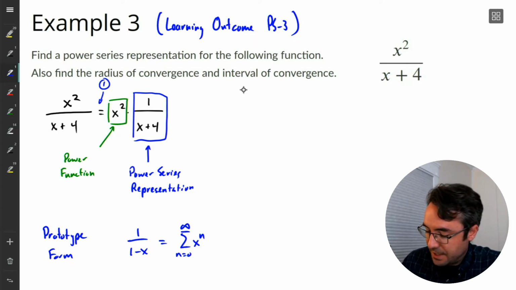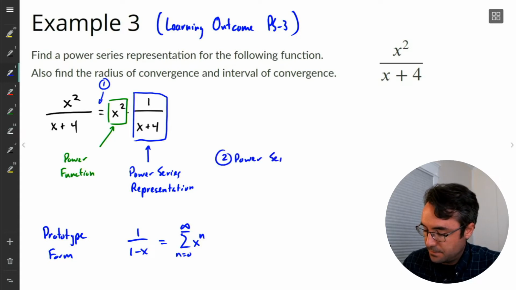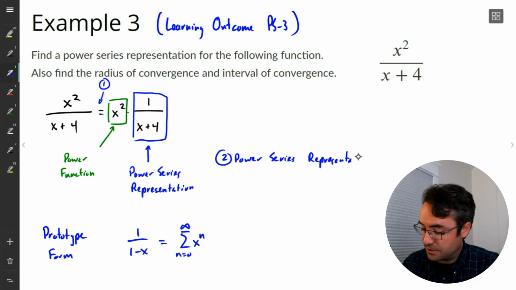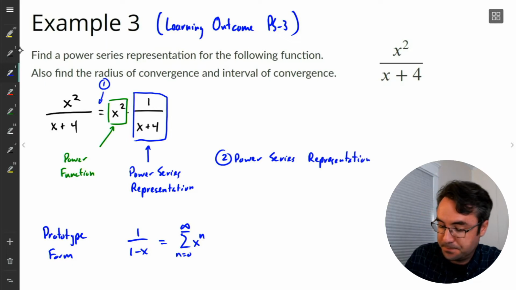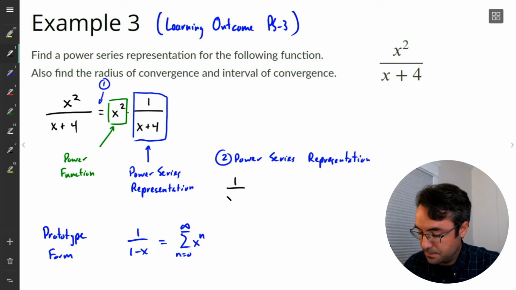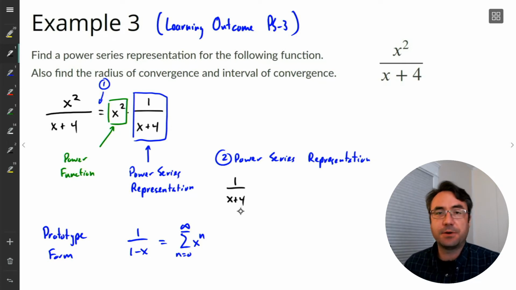So that's going to be the second step. Let's get a power series representation for just that 1 over x plus 4 function. So let's hold on to this. We're going to come back to this, but let's just worry about that 1 over x plus 4. Let's get a power series representation for that.